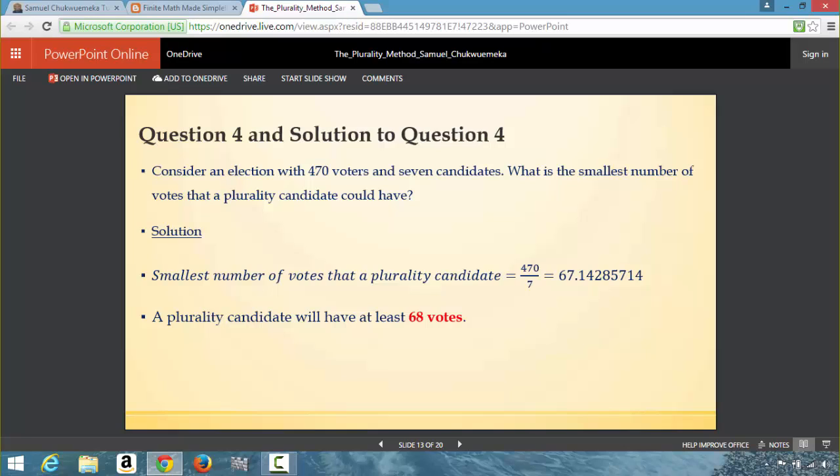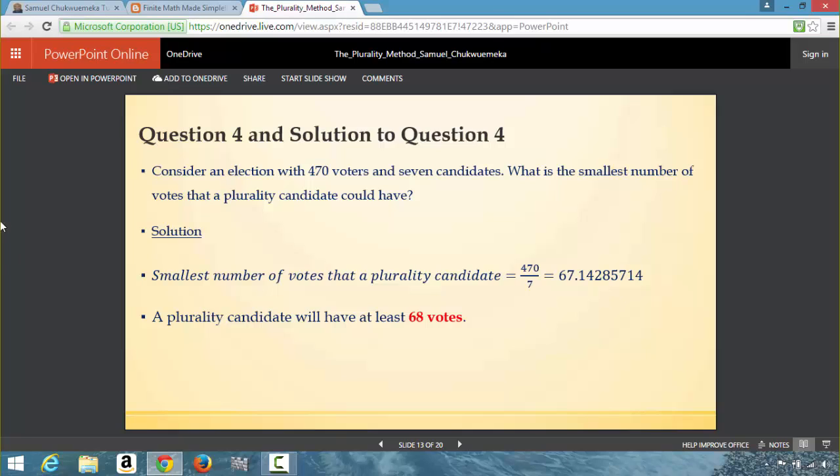In this one, a plurality candidate must not necessarily be a majority candidate. But a majority candidate must be a plurality candidate. That is another way I can word the question. Discuss.